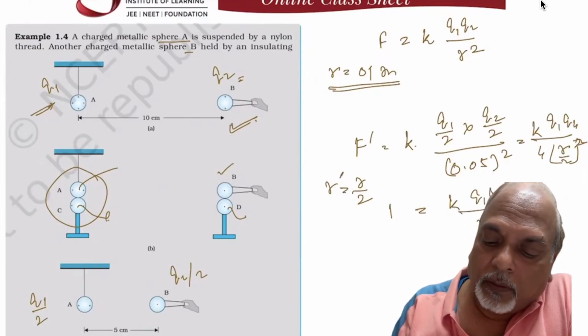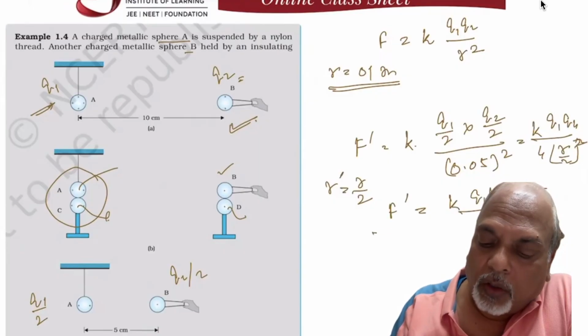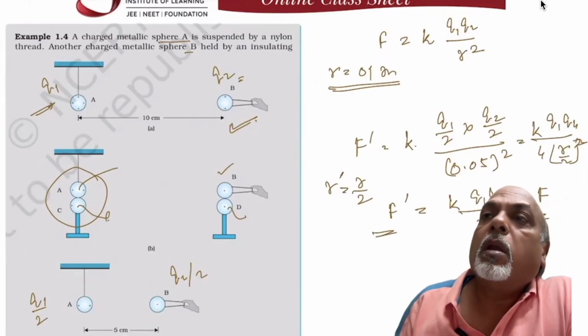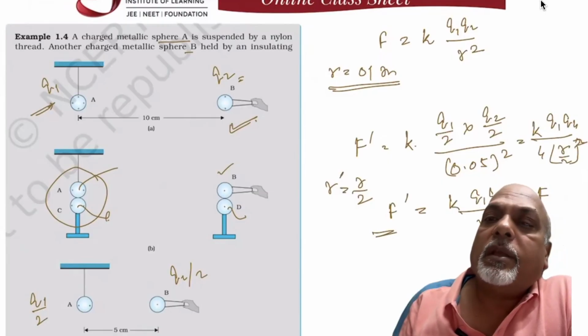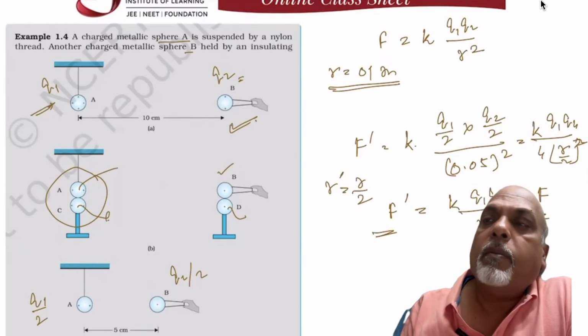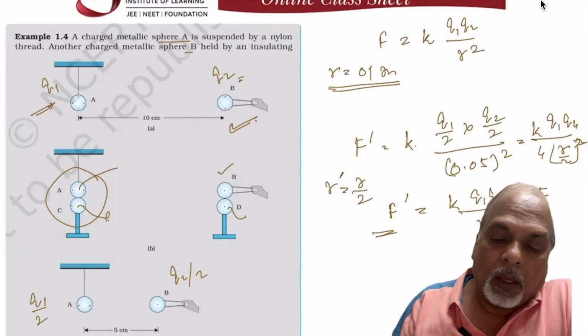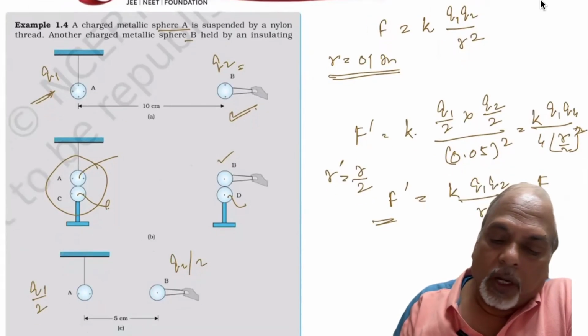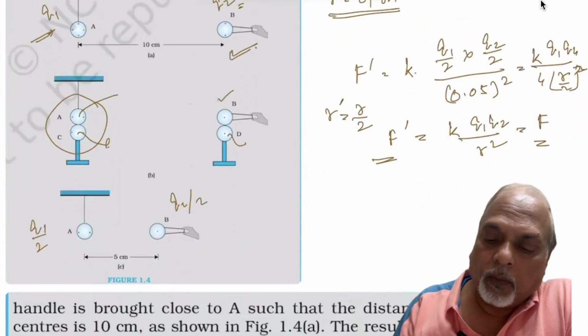That means this is your F only. So there is no change in the repulsive force between the two A and B. So this is how you can do this. Correct.